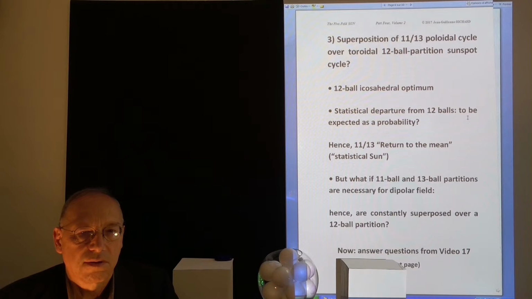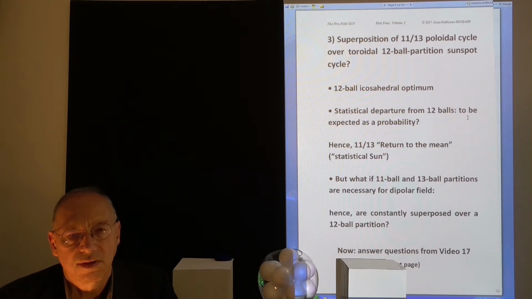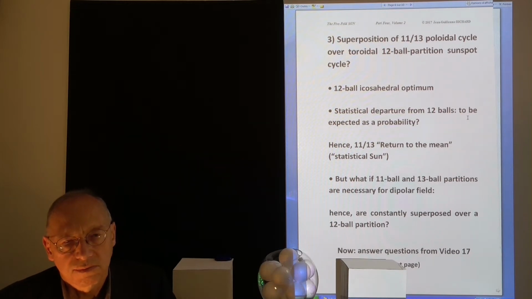So a cycle of 121 rotations only, or as many as 169 rotations, compared to 144 with 12 balls, i.e. cycles with 11 or 13 balls, would have sooner or later to return to the mean of the length of the solar cycle, and we would be in the presence of the behavior of a, so to say, statistical Sun. But another rationale is conceivable.